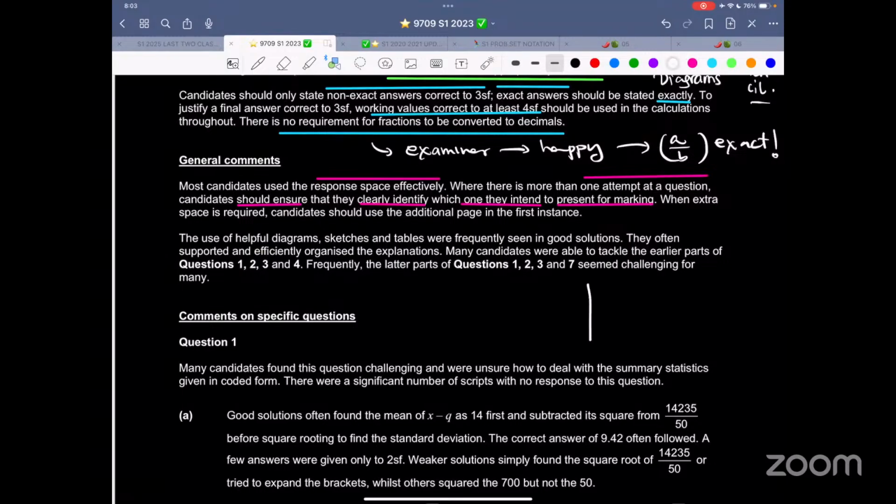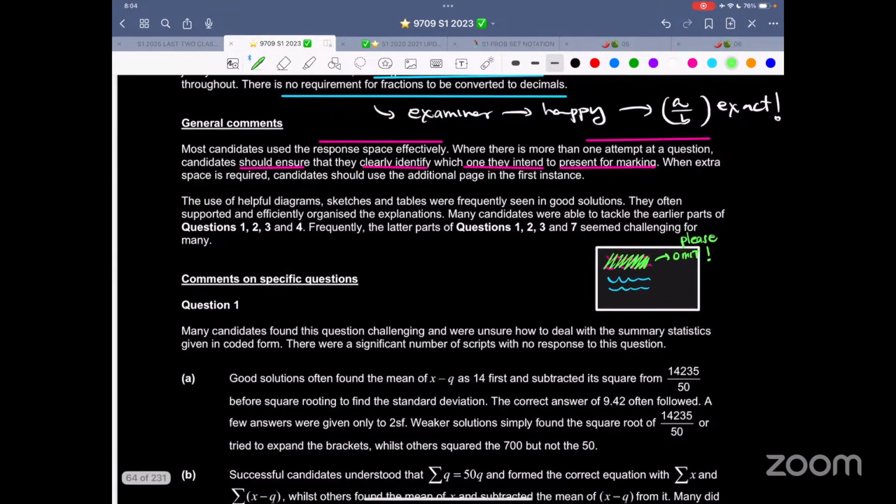Say this is a page, and you are working over here. And then you worked over here also, and one of them is correct. If the top one is not correct, just say, please omit. That is what I used to do when I was a student. So now the correct one is this one.